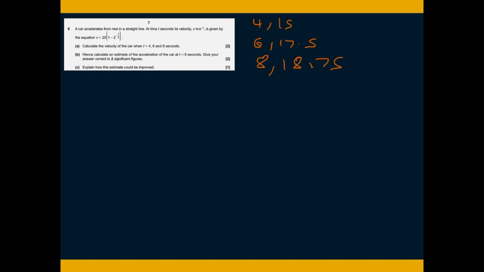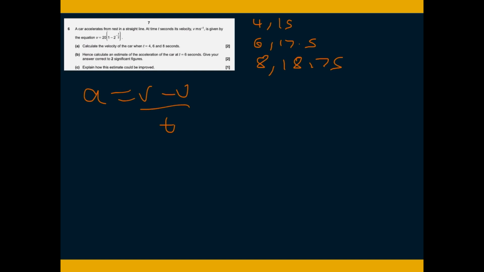Part B is asking, hence calculate an estimate of the acceleration of the car at t equals 6 seconds. Give your answer correct to two significant figures. Using the SUVAT equation, a equals (v − u)/t. Now, 8 and 4, the midpoint of that is 6.